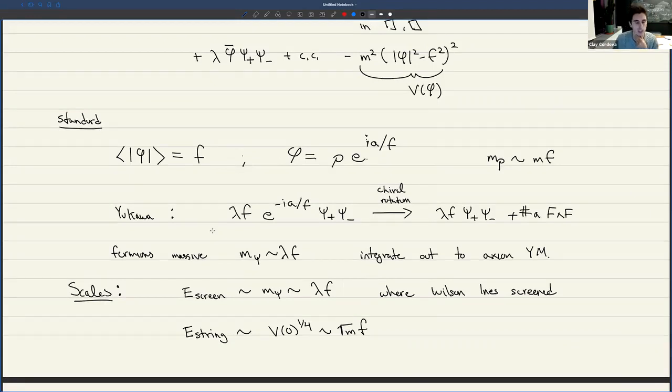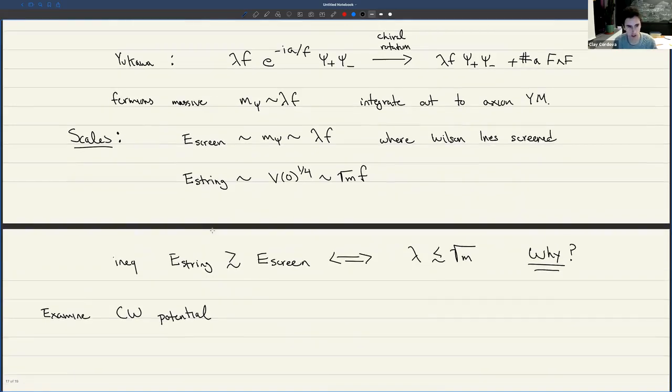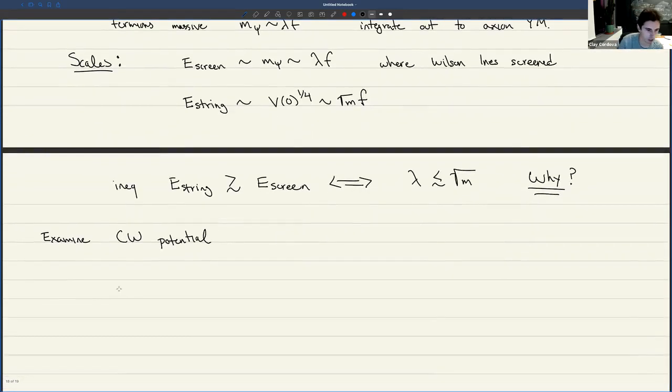But what we'll see is that this story that we discussed here can be modified in some way if we take into account one loop correction potential from integrating out the fermions. So let's do that.